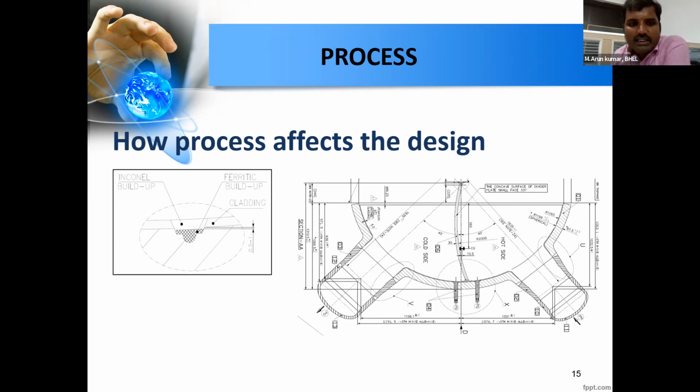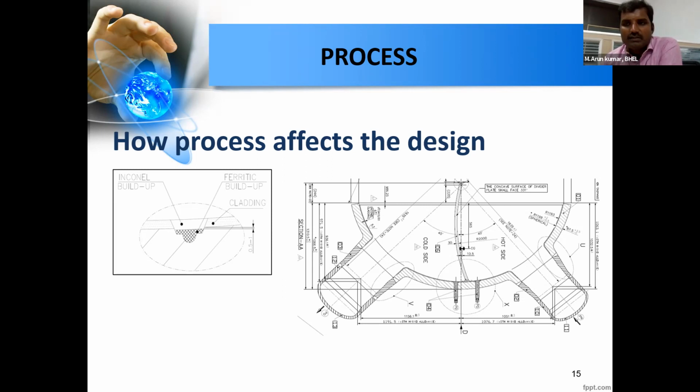So if we get a defect in the interface, while making a groove for repair, we have to take some more material in the ferritic material. This cladded material is not taking any load in the design. Only the ferritic material takes care of the various stresses during the service of the equipment.